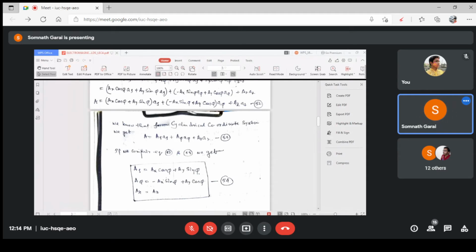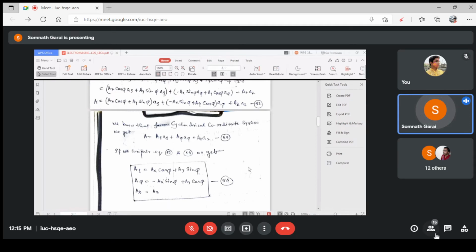And the component of phi, A phi, is equal to minus AX sin phi plus AY cos phi, and AZ is equal to AZ.